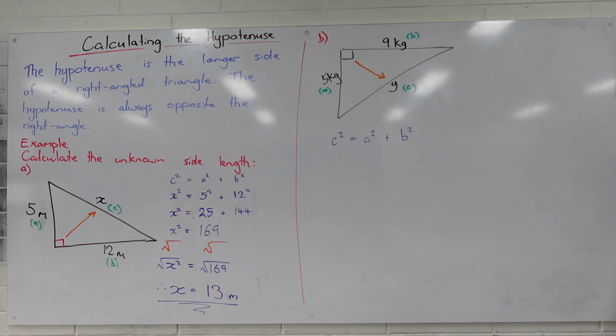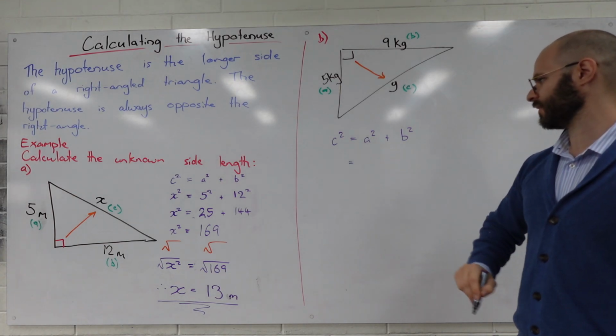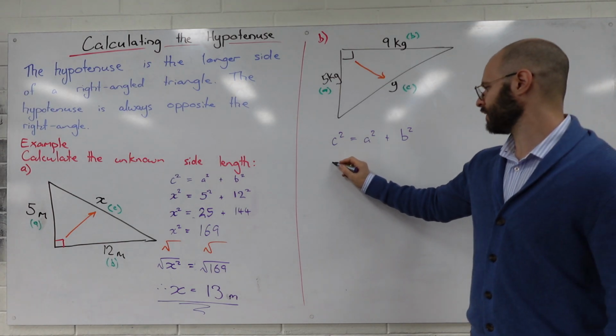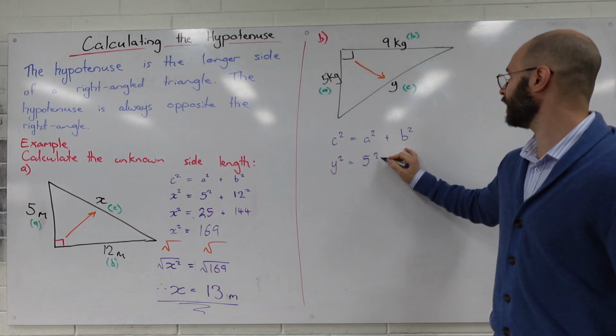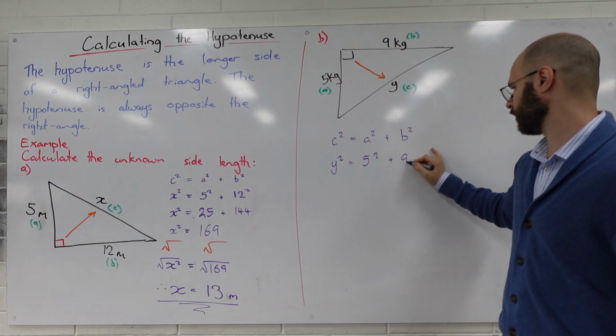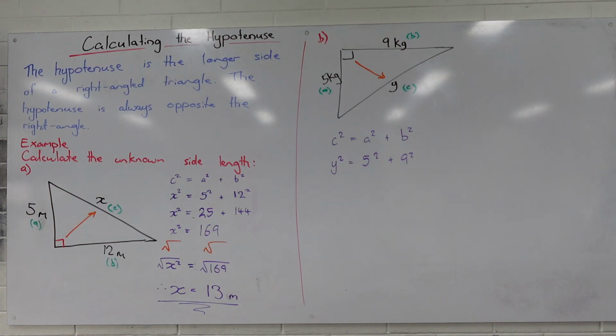C squared equals A squared plus B squared. Writing out the theorem, we then go in for the substitution. C becomes y, A becomes 5, B becomes 9. So we get y squared equals 5 squared plus 9 squared.